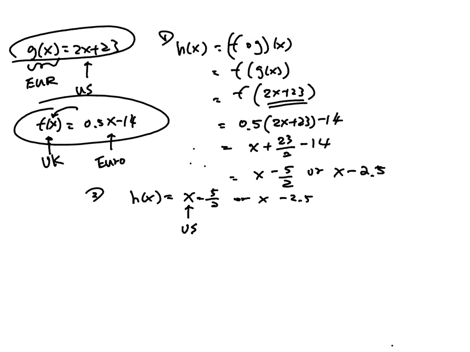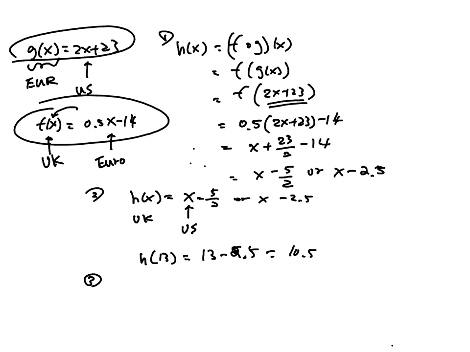Then h of x is the UK size. Okay? So number two, find the UK size if US size is 13. So I'm just going to say h of 13 equals 13 minus 2.5, which is 10.5. Okay.